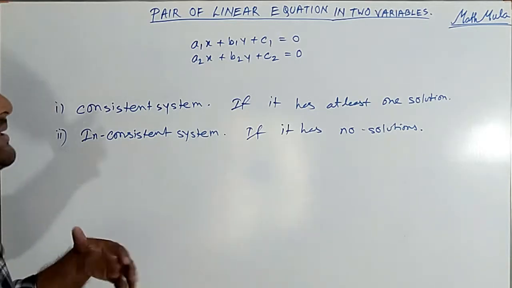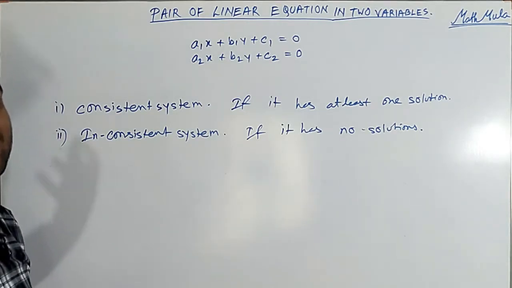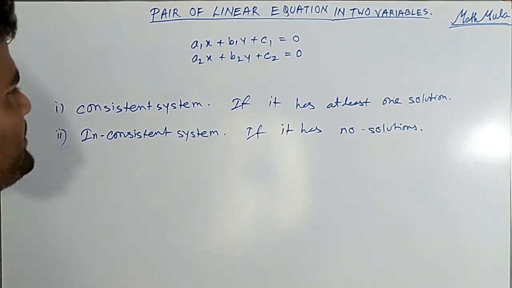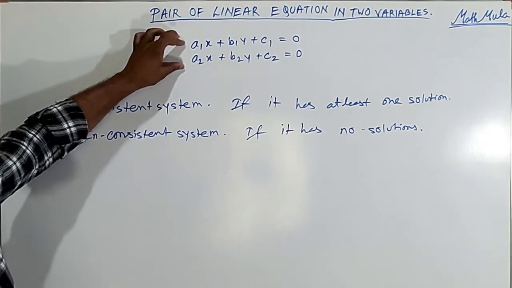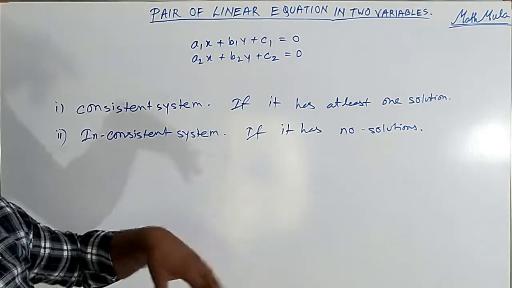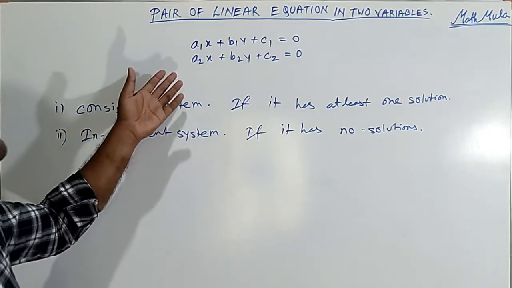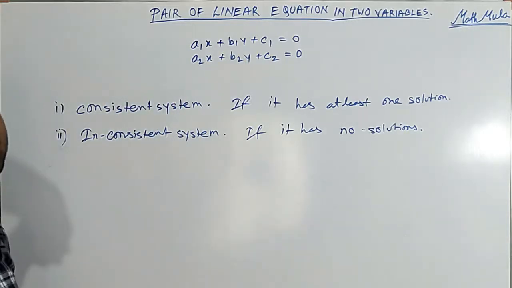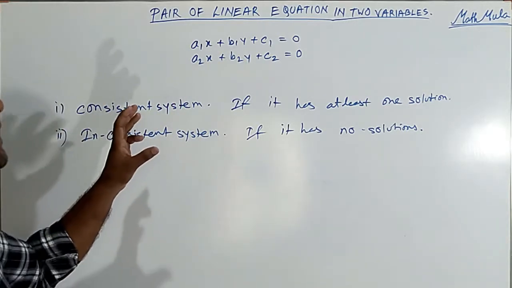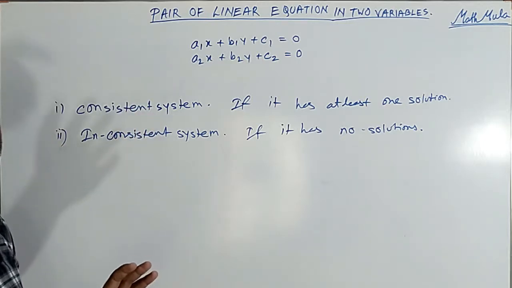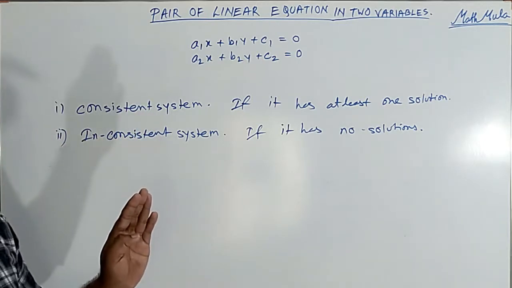Now the second representation is graphical representation. Graphical means when we plot these two equations in a graph, then this representation is called the graphical representation of a system of linear equations.